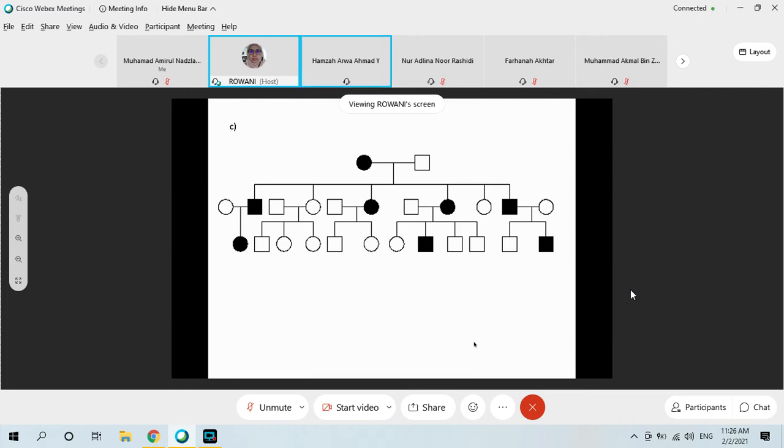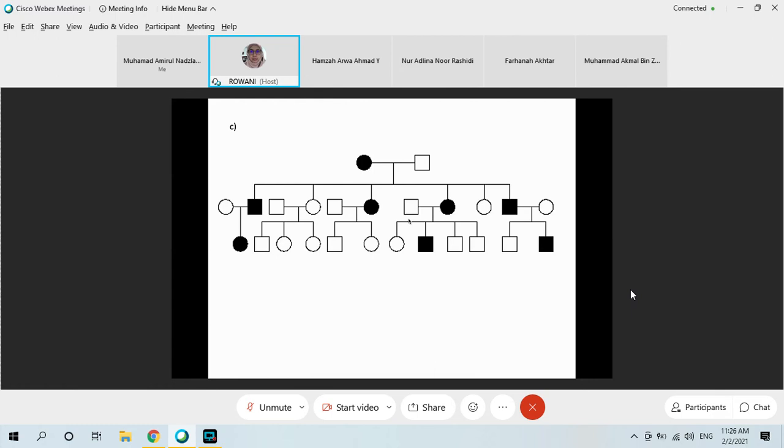This is autosomal dominant. You see it affects both male and female, and it is present in all generations of the family members. You can see that the father can pass the disease to son and daughter. The mother can pass the disease to son and daughter. And it is vertical transmission. So this is characteristic of autosomal dominant.